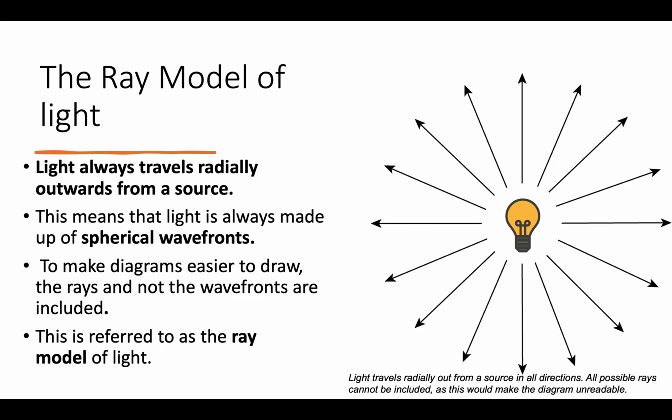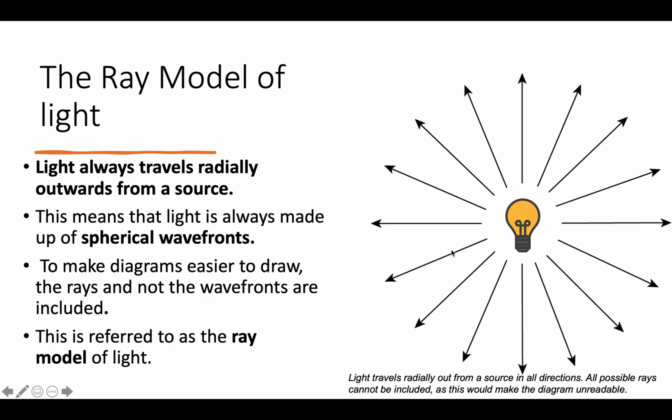So light always travels radially, just like here, as you can see. It's moving all around, so it goes in every direction outwards from a source. A source is like a light bulb in your house, for example. If you put it on, you see what happens. Now, this means that light is always made up of spherical wavefronts, so in a sphere, just like we can see here.